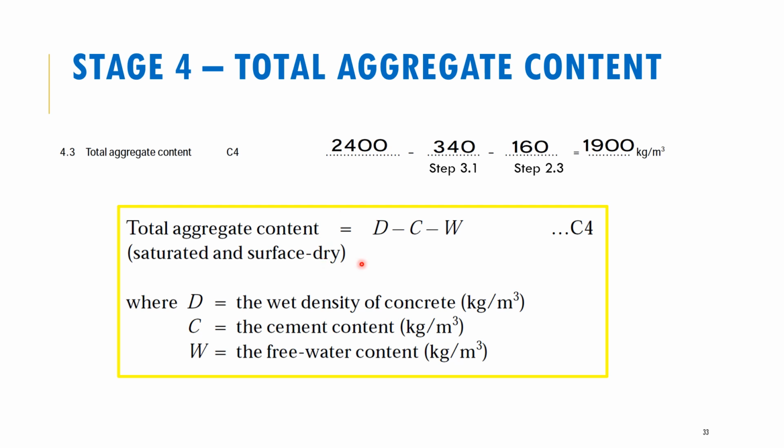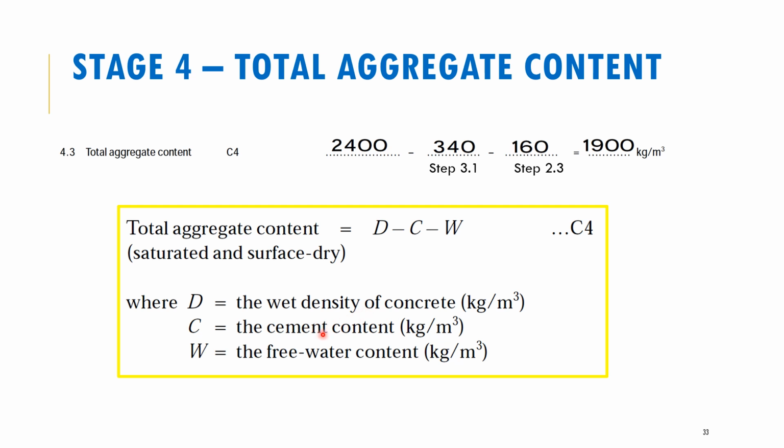Okay, step 3 in stage 4, the total aggregate content. We've already obtained the wet density of the concrete. The reference specifies that we should use equation C4 in order to calculate the total aggregate content. So I've extracted equation C4 for you from the BRE guidelines. D is given as the wet density of the concrete, that's what we obtained from the previous step, step 4.2, sorry.